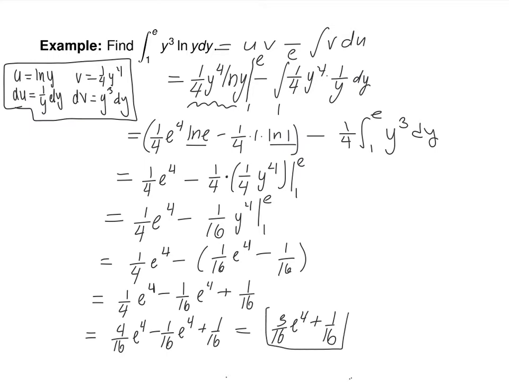So that's one great answer. Or you could factor out the 1/16 and write it as 1/16 times 3e to the 4th plus 1. So be careful with your notation when you have a definite integral, and also observe that it isn't the case that you always let u equal y to the 3rd.